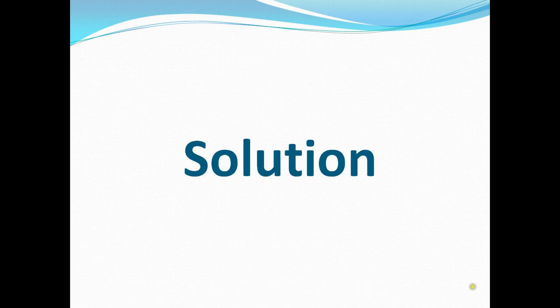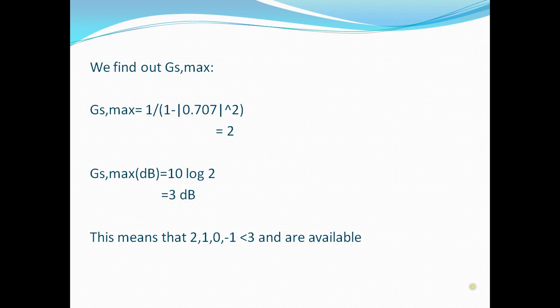Let's solve this example. The solution starts by finding out the maximum gain of the source, and this is by applying the formula we had before. We find that the maximum gain of the source equals 2 numerically, and then we find that the maximum gain of the source equals 3 dB.